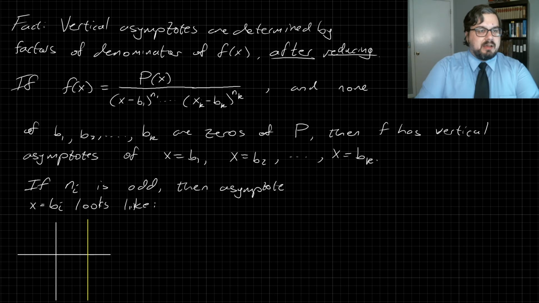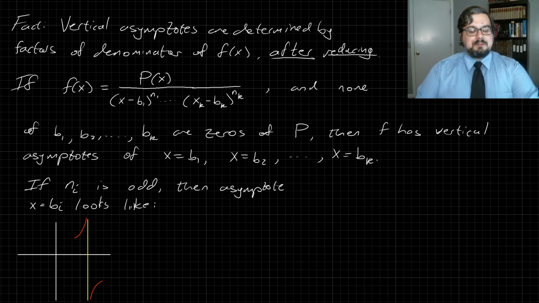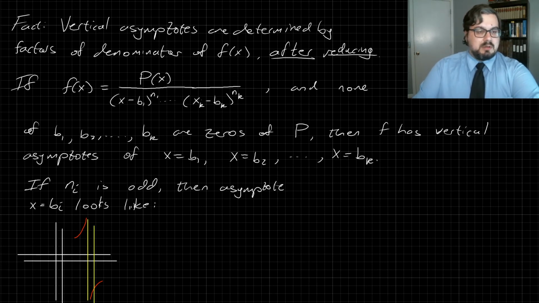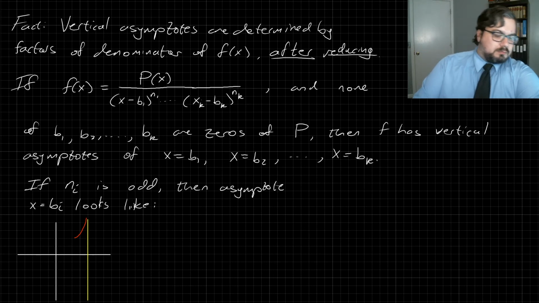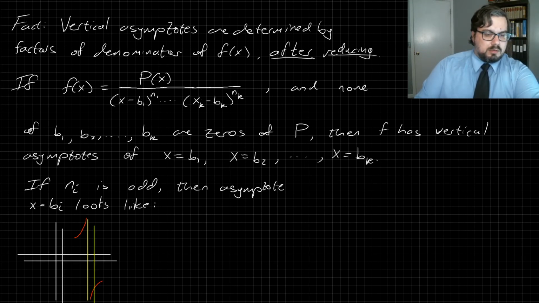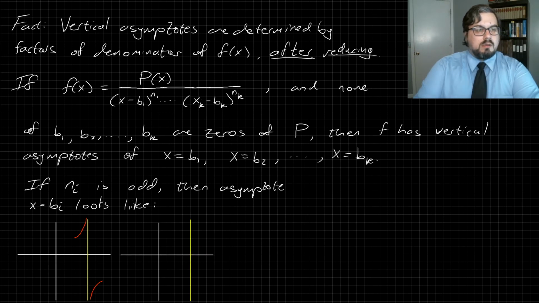We either have that the function goes up on the left side of the asymptote and down on the right side of the asymptote, or we have that it goes opposite that: it goes down on the left and up on the right.